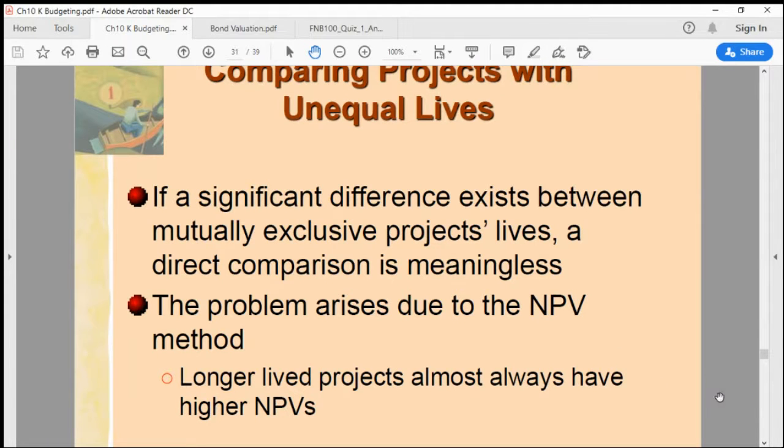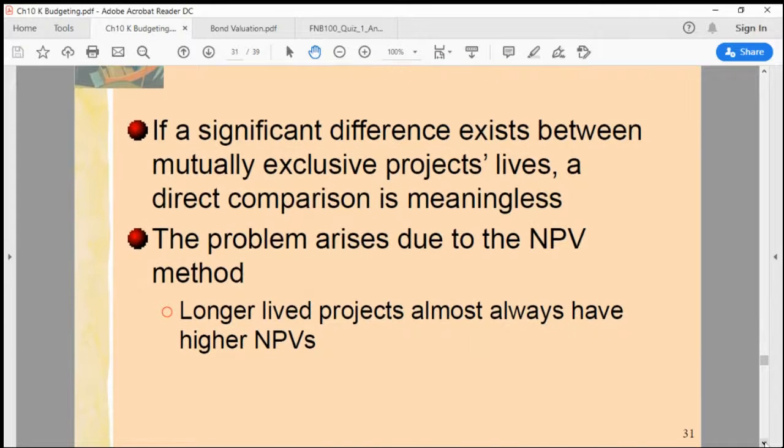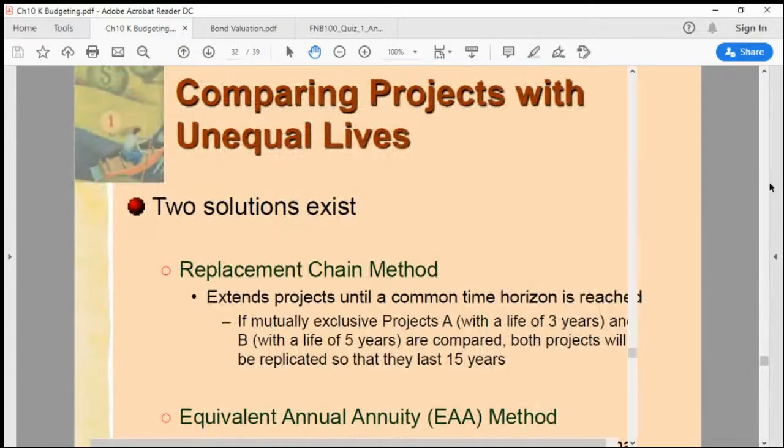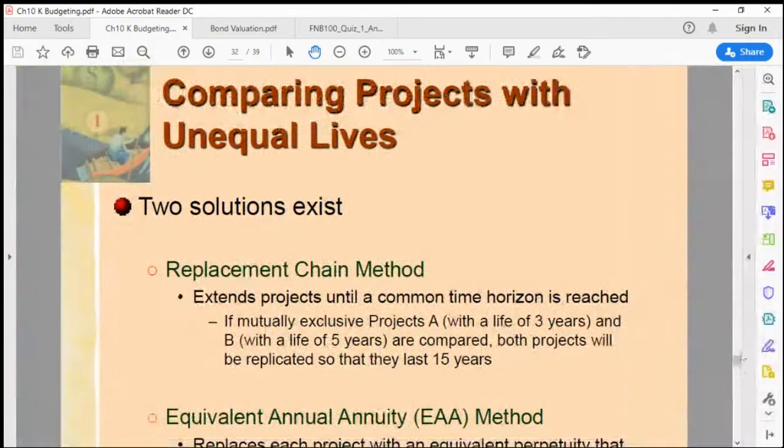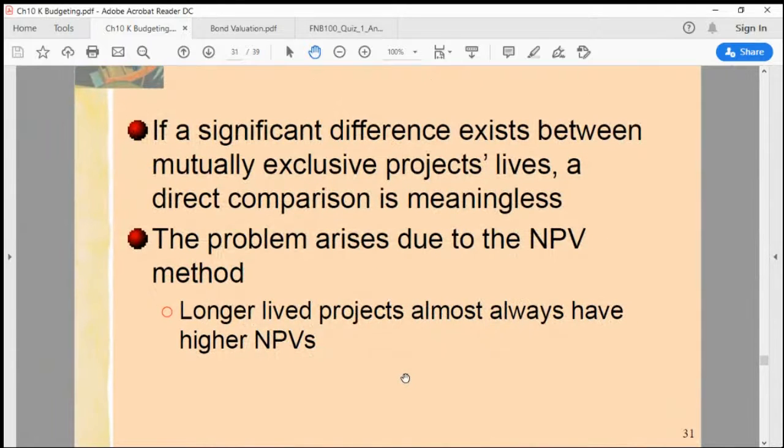So then we have two techniques to compare those two. Why? Now let's think about it. The problem is longer-lived projects almost always have higher net present values.